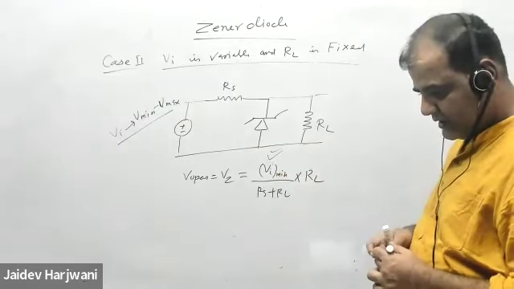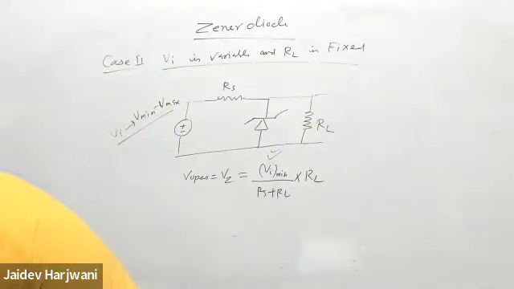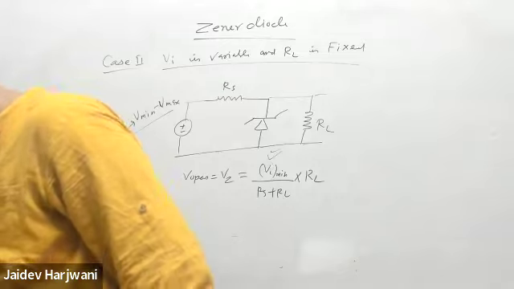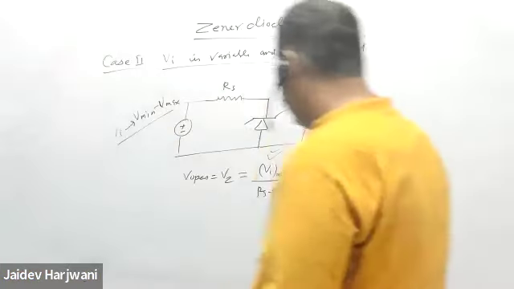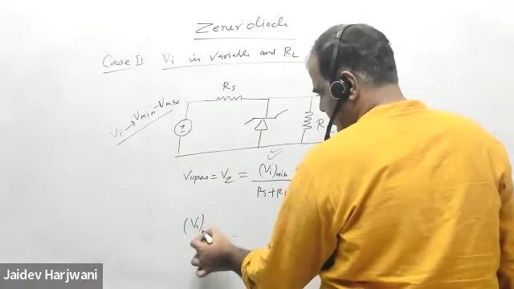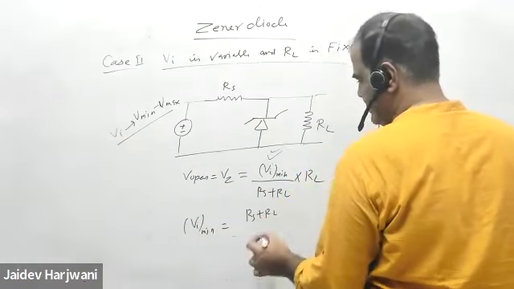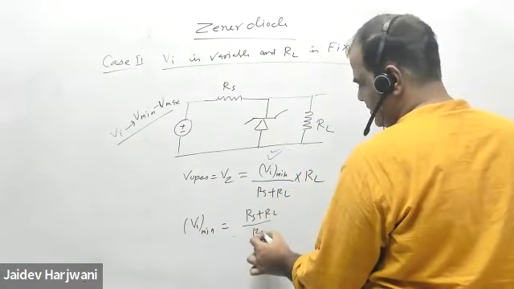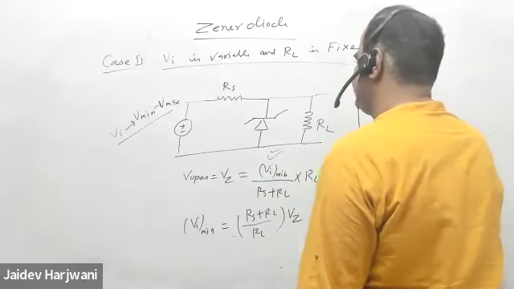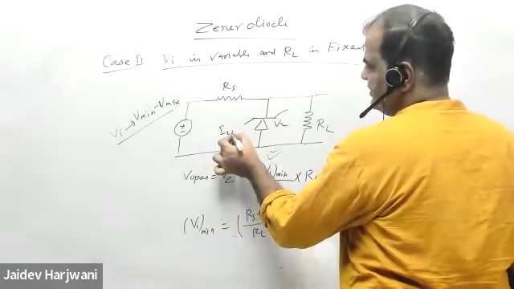Now how to find the max value? Vi minimum I can write as Rs plus RL upon RL times Vz equals Vz. Vz is given, Iz max is given.